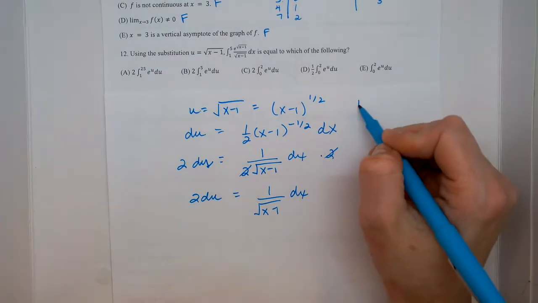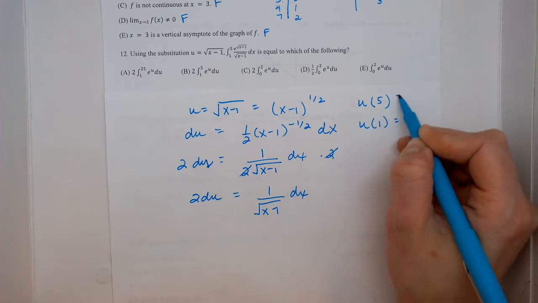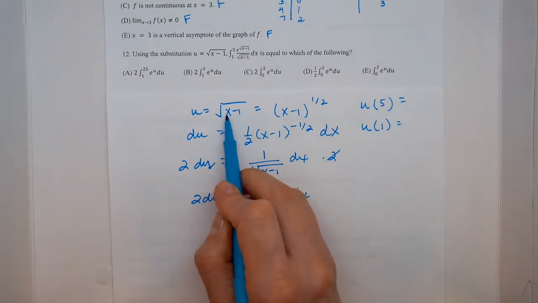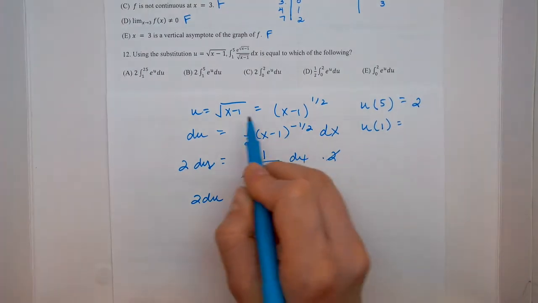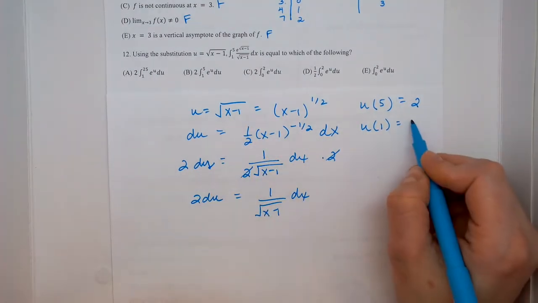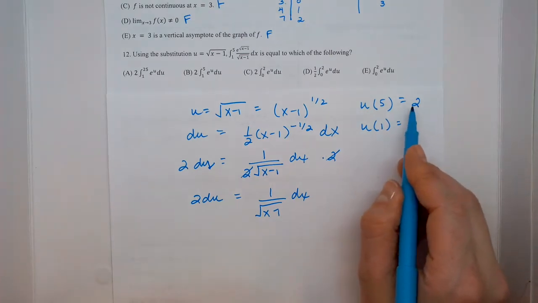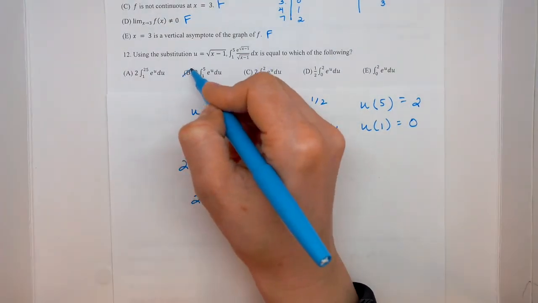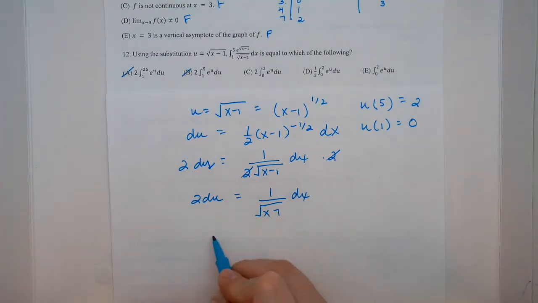Okay, we also need to find u of 5 and u of 1. So if I plug 5 in for x, I have 5 minus 1, which is 4. The square root of 4 is 2. Plug in 1. 1 minus 1 is 0. The square root of 0 is 0. So I have the integral from 0 to 2, so I can go ahead and eliminate anything that doesn't have that. And I need to have a 2 out front, so let's just set this up.